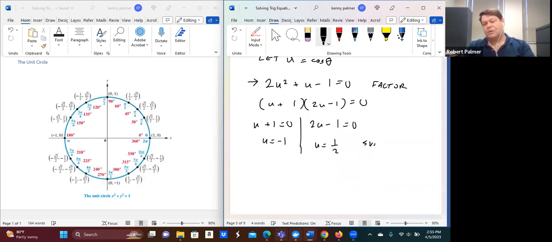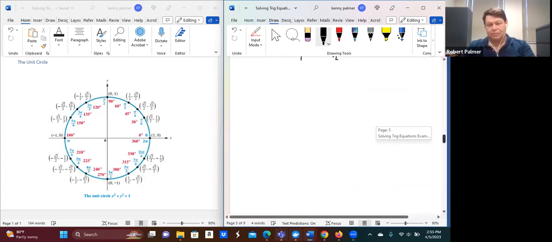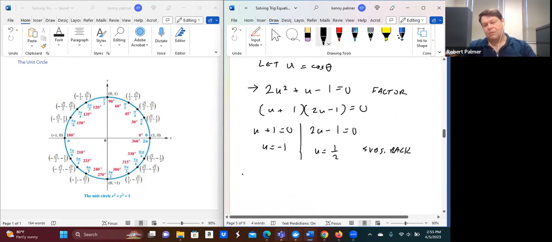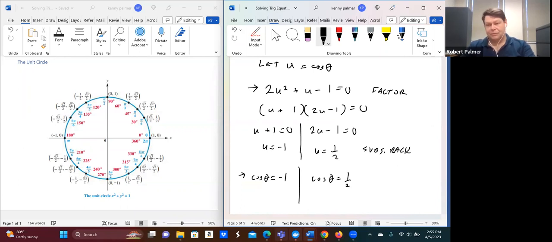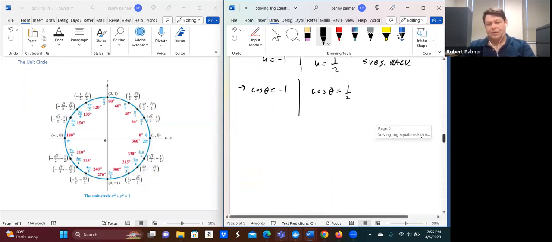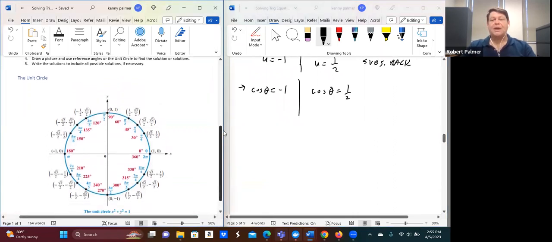Okay. Now we're going to substitute back in terms of cosine. And so that's going to give us 2 equations. Cosine of theta is equal to -1, and the cosine of theta is equal to positive 1/2. Okay. Now, let's take a look at our solutions. So, where is cosine negative?